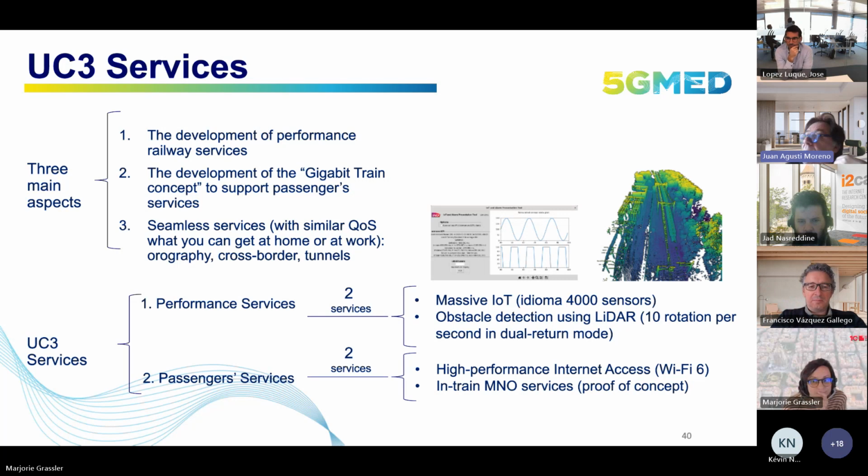The first one is to develop railway performance services with a sustainable amount of network resources. The second one is the development of the gigabit train concept to support passenger services, simulating a train full of passengers.